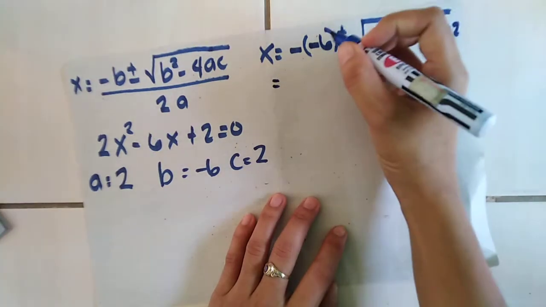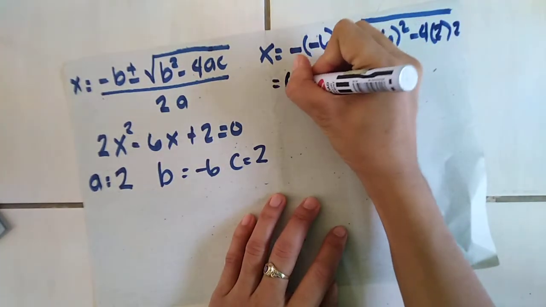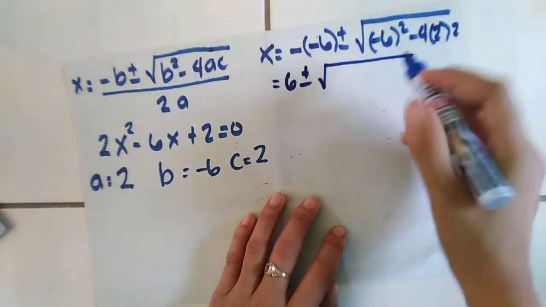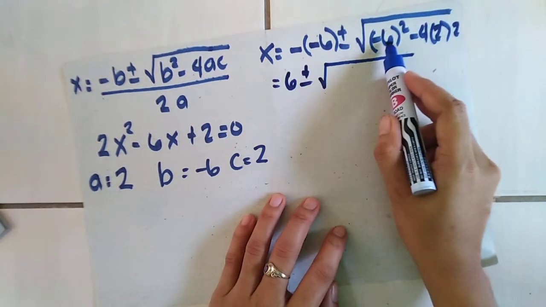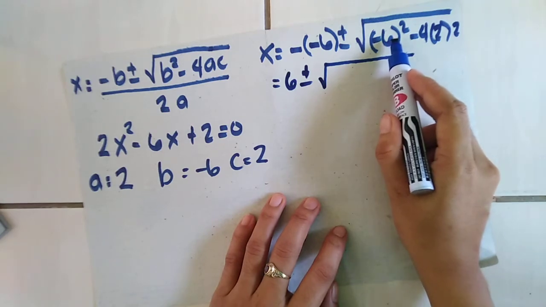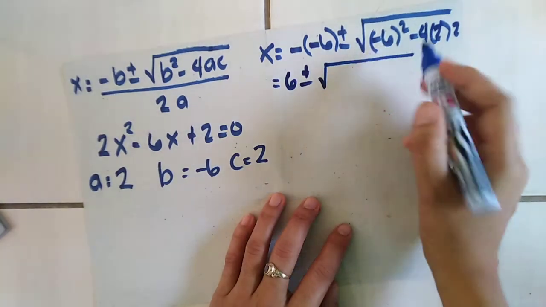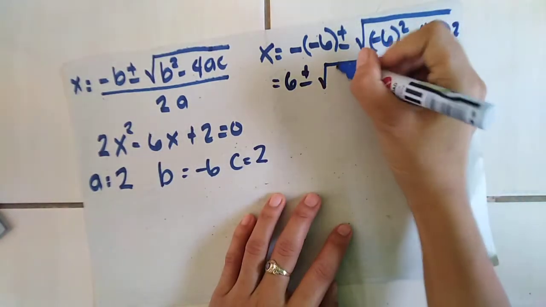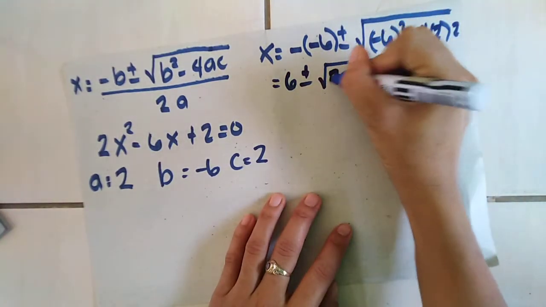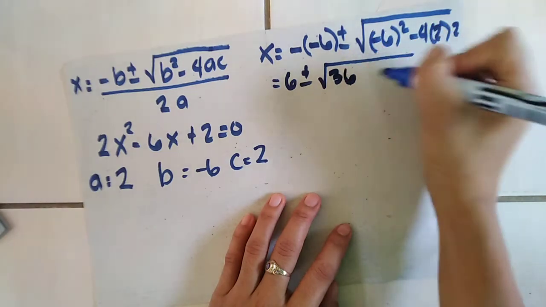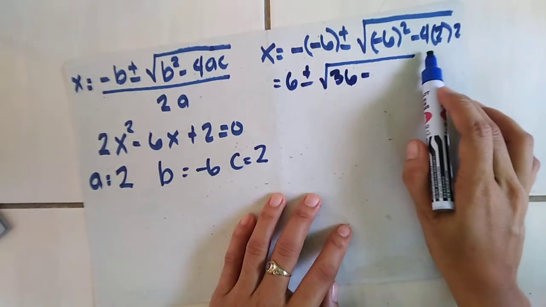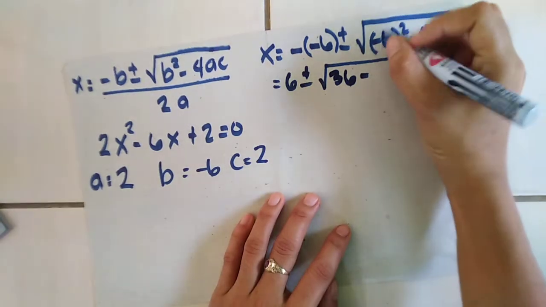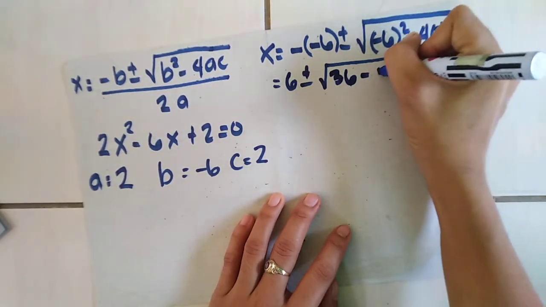Positive 6. Then negative 6 squared is negative 6 times negative 6, positive 36, minus 4 times 2, which is 8, then 8 times 2 is 16.